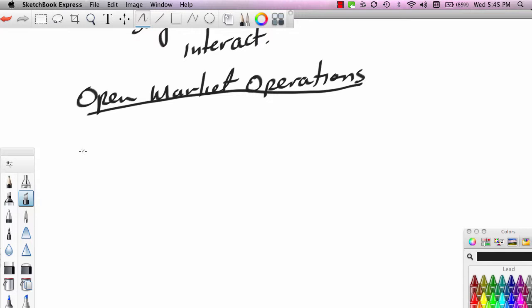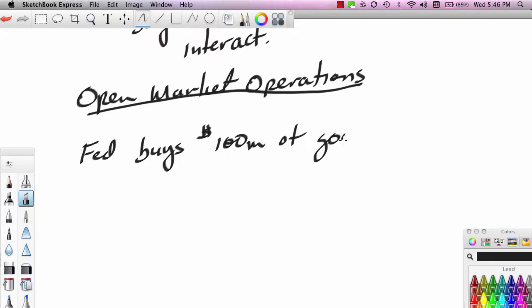It buys bonds in the secondary bond market. So let's say the Fed buys $100 million of government bonds. Doesn't matter really what the Fed buys, but the Fed likes to buy U.S. government bonds because they're very, very liquid. Okay? And they can be easily bought, which means they can be easily resold.